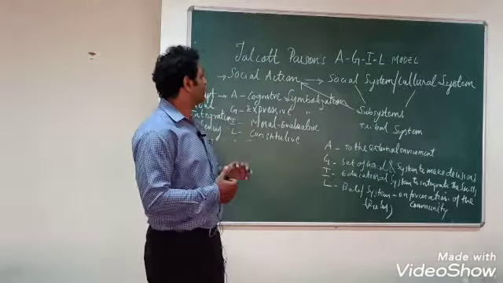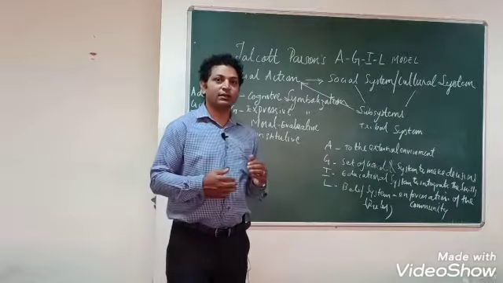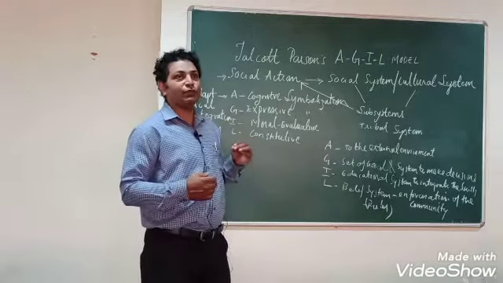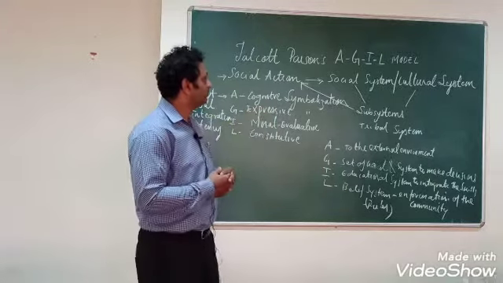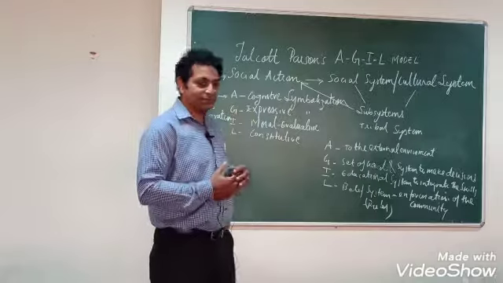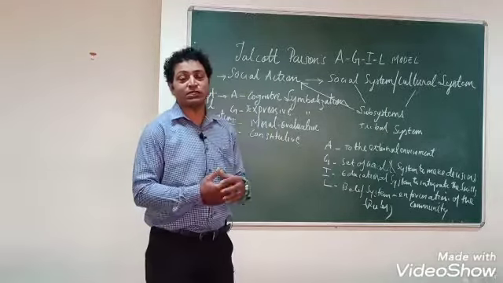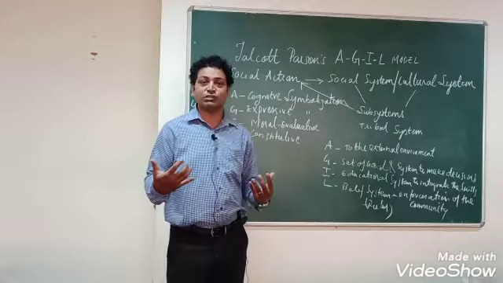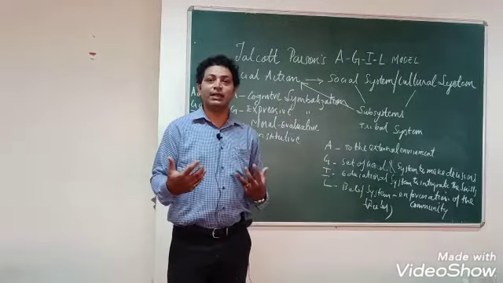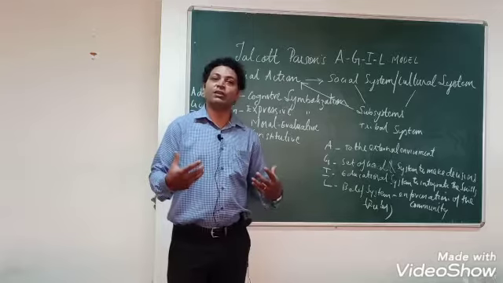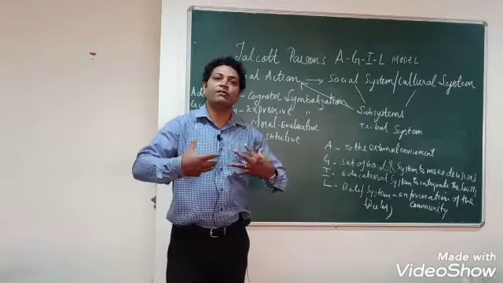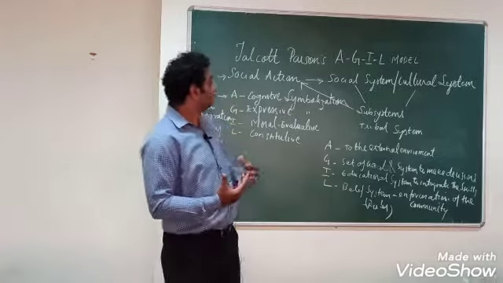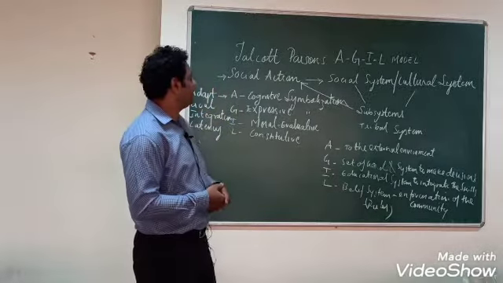Going further, his social action theory could be applied to different types of systems. It could be the social system, the cultural system, the economic system, and several other types of systems that we have in society that contribute to the systematization of the functioning of every person in society.